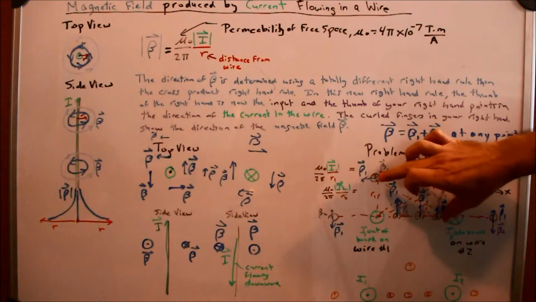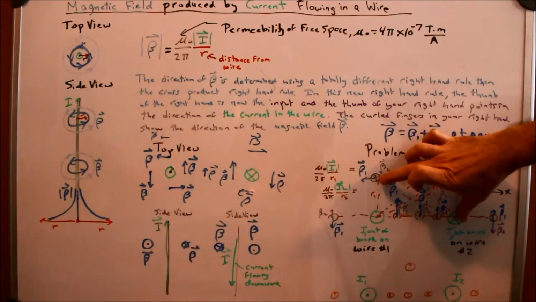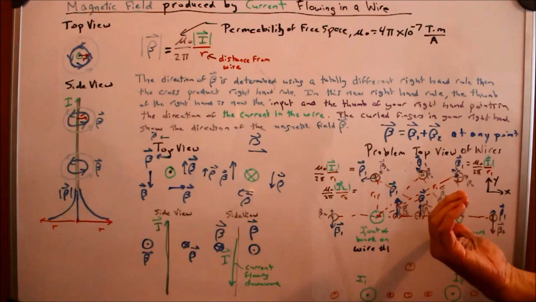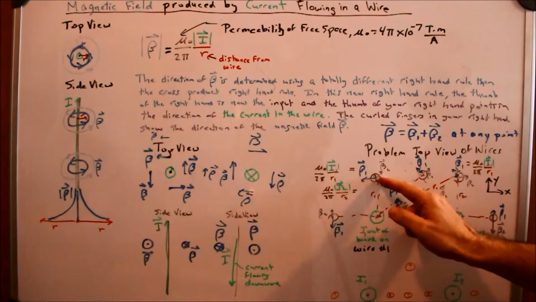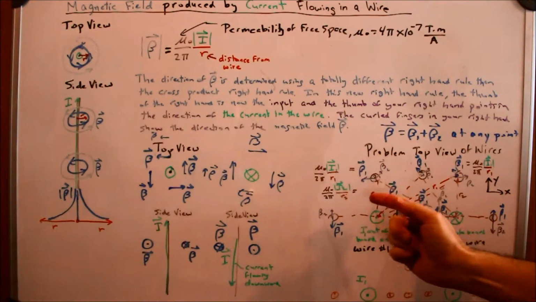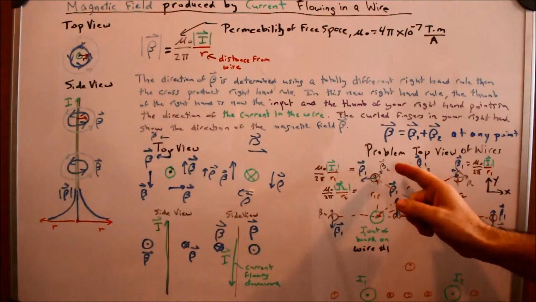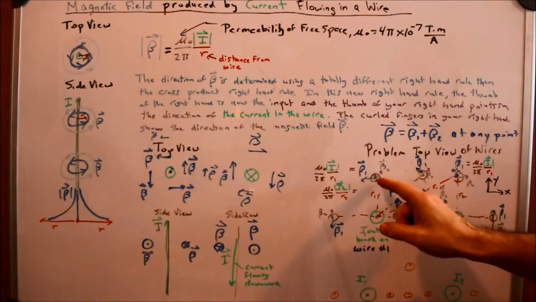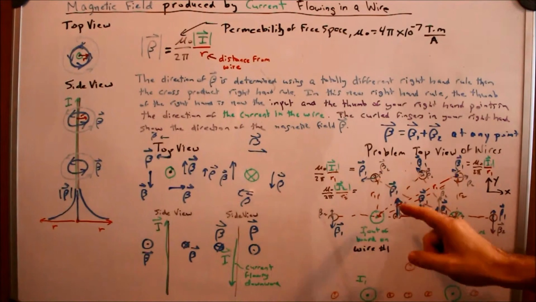So consider this point. There's my distance R2 from it, and since I'm using my right-hand rule, I'm going to have my B2 component vectorially pointing this direction. So at any point, the magnetic field is the vectorial sum of these.